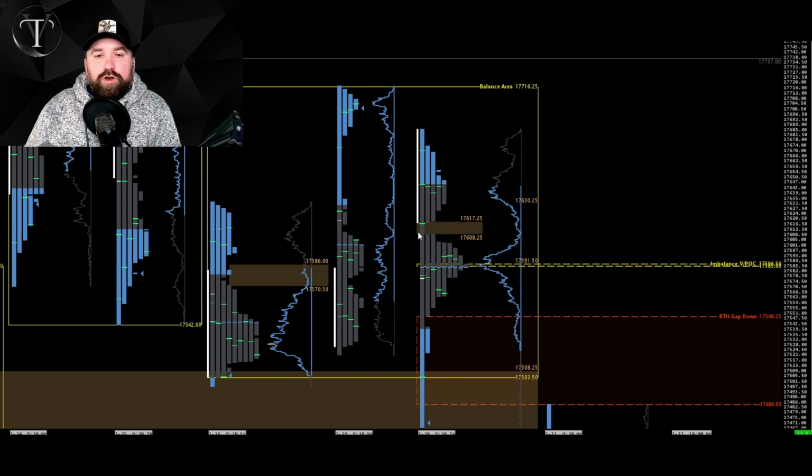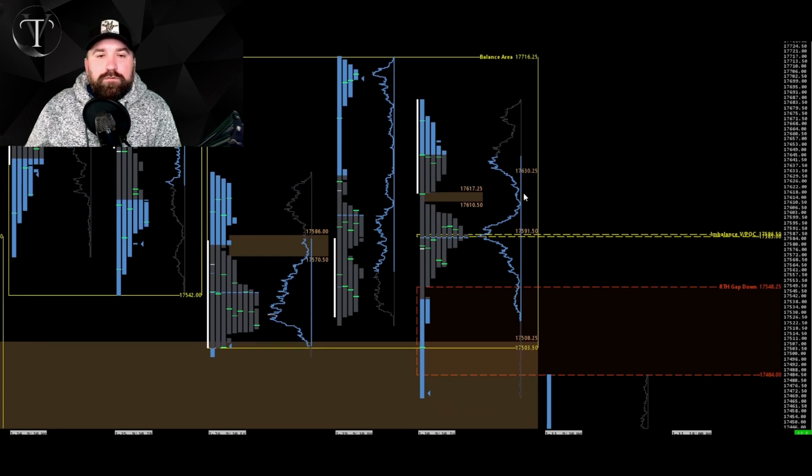Wait, what do you mean you just collapsed it? Can you go back? So this is a TPO chart, which means it's a time-based chart, but instead of viewing the candles all stretched out along the day width-wise, we're taking them and smushing them all together and pretending like they just happened one right after the other, and we're looking at the excursion and the time spent.